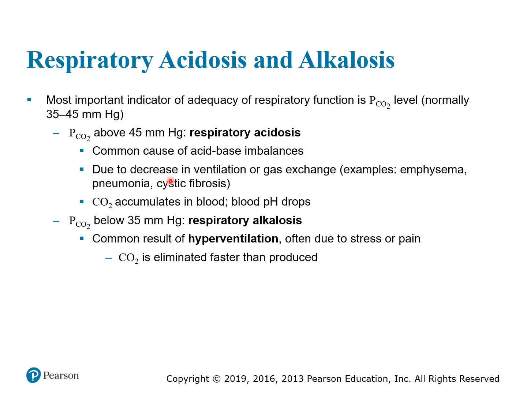Due to decrease in ventilation or gas exchange. Whenever there is some problem in the lung, it can lead to respiratory acidosis, whatever disease process in the lung is causing a decrease in ventilation or gas exchange. For example, emphysema, which is an obstructive disease, a COPD, chronic obstructive pulmonary disease, or pneumonia or cystic fibrosis.